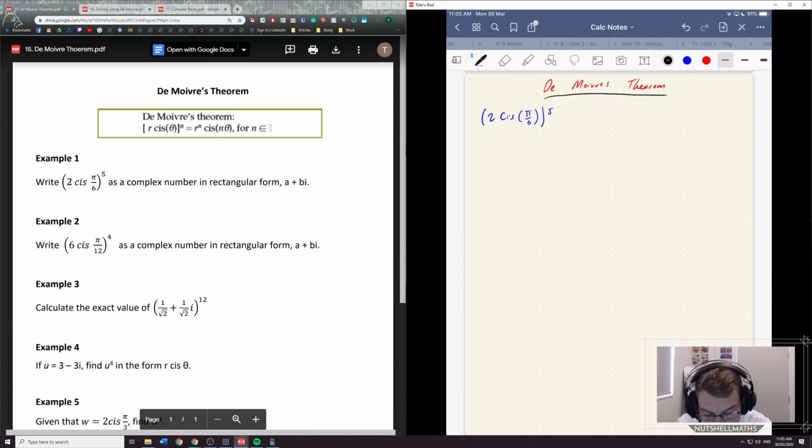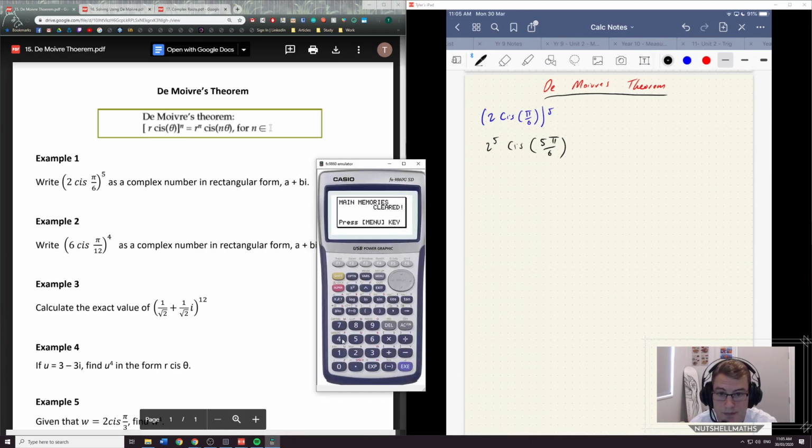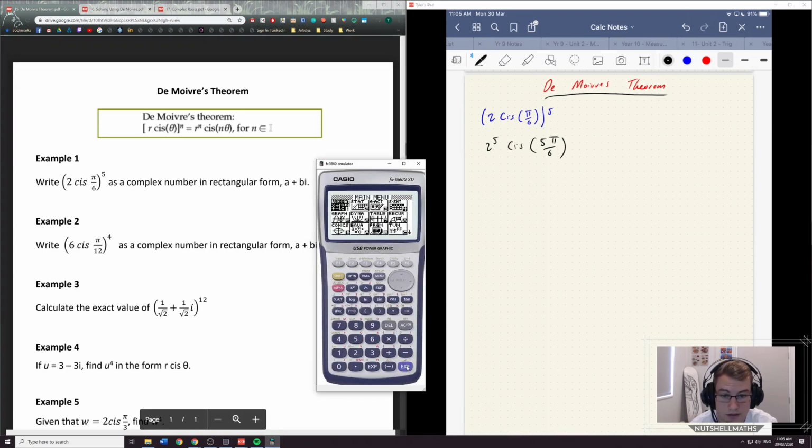Then this can turn quite easily into 2 to the 5, cis, and we multiply the angle, 5 pi by 6. 2 to the 5, if we go to our calculator, 2 to the power of 5 is 32. And we can leave 5 pi by 6 as it is.